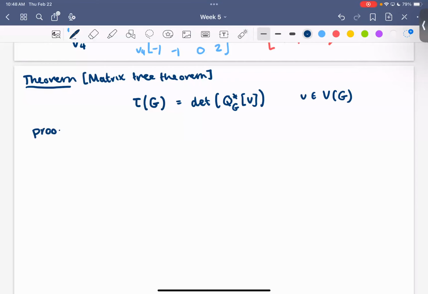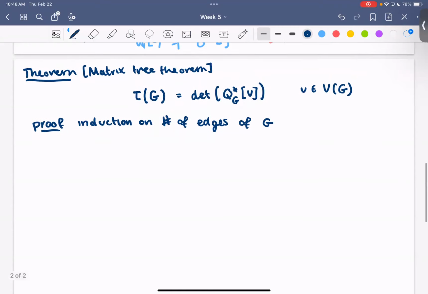So the proof will go by induction on the number of edges of G. So to start, let's do the base case. This will be when the graph has 0 edges.